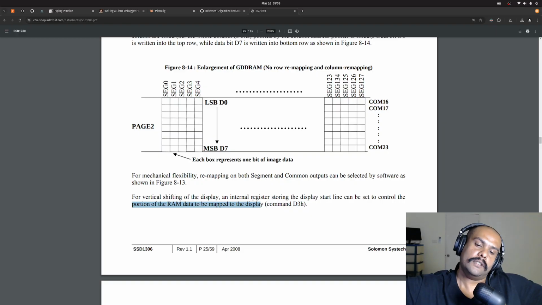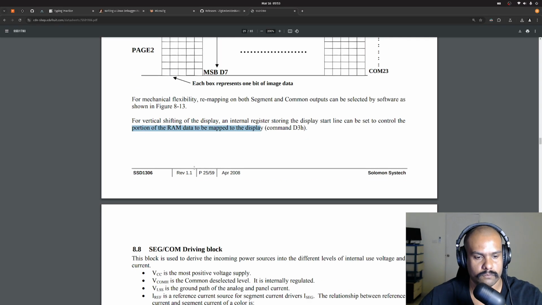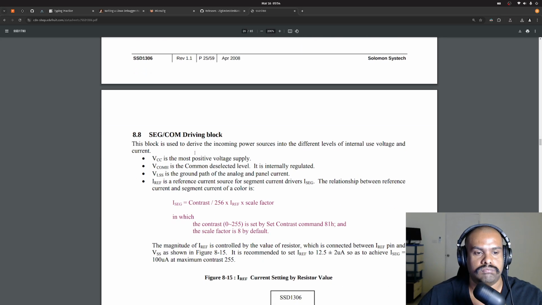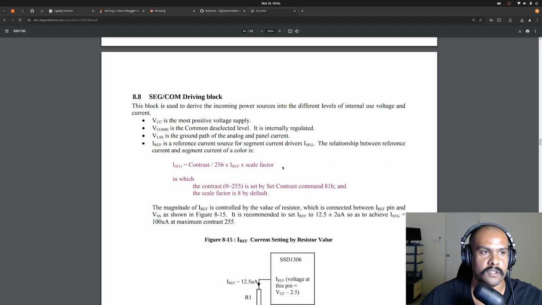Command D3A. Okay. All right. Not even halfway through this data sheet.